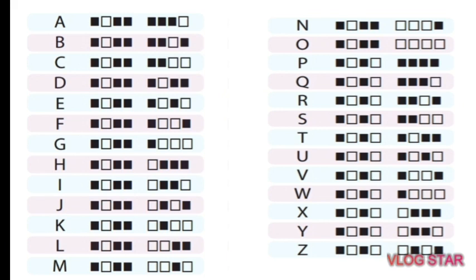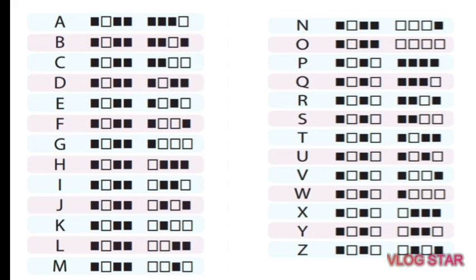Okay, now letter A, for example, I can see a dark box, a light box, a dark box, a dark box, a dark box, a dark box, a dark box, and a light box. So these keys help to show us how capital letters are represented inside of a computer.